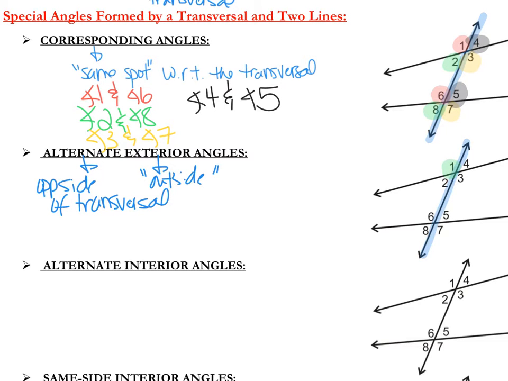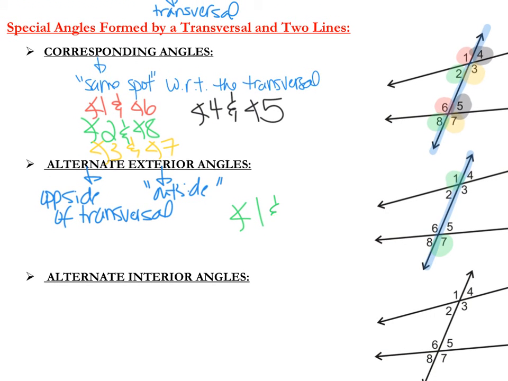I need another angle outside and on the opposite side, like below. So alternate means like alternating rows. Same thing here. So we would rotate, and its alternate exterior angle would be angle 7. Then we need to do the other set of alternate exterior angles. So angle 4 pairs up with angle 8.